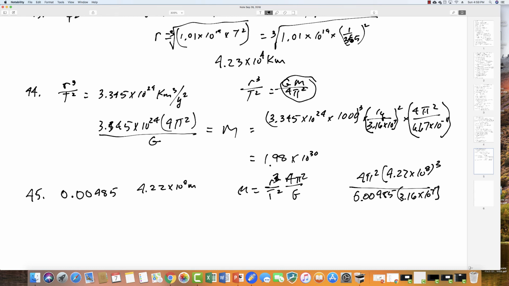And all of this, that's the number of seconds in a year. All of this is squared. And this is multiplied by 4 pi squared over 6.67 times 10 to the minus 11.